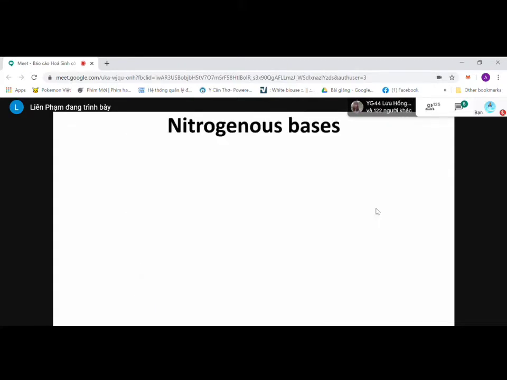To clearly understand the nitrogenous base, I'm going to tell you more about its structure and classification. Nitrogenous bases have 2 types: pyrimidines and purines. Pyrimidines and purines are the names of the parent compounds of 2 types of nitrogen-containing heterocyclic aromatic compounds.